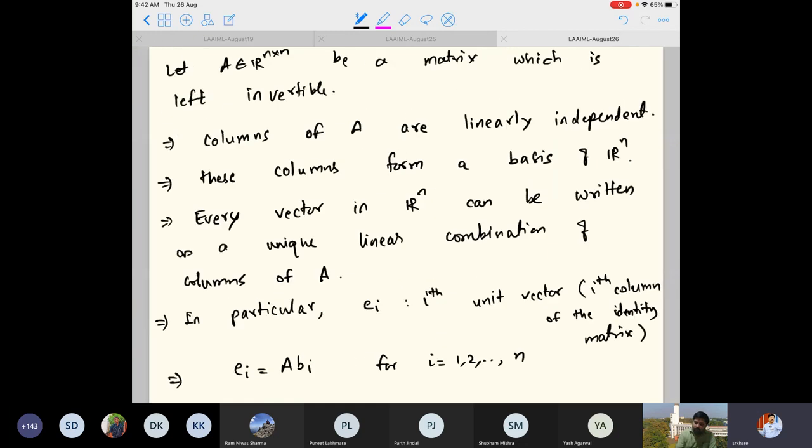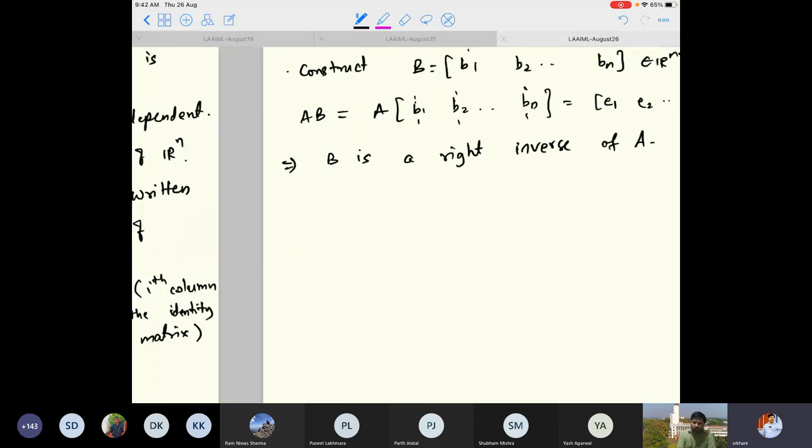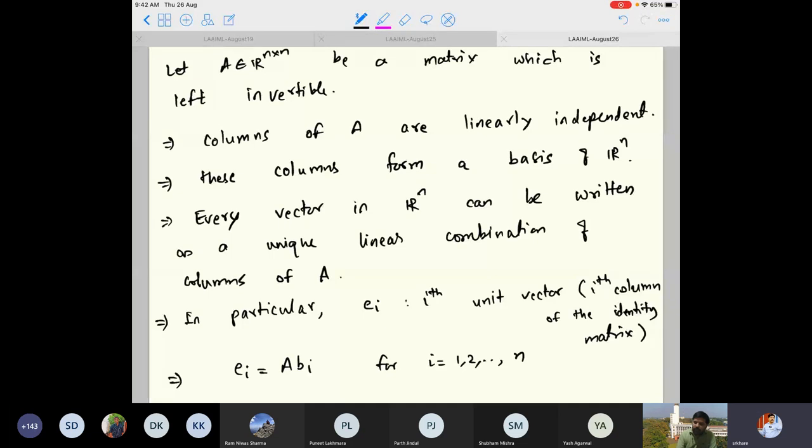And what we did here, have you done something like this before? What I just did here, in particular, ei is the ith unit vector, and then you write ei is equal to A bi. Have you done this before?